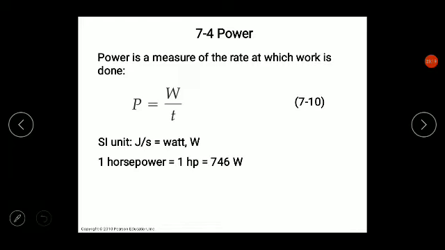It is your ability. Yes, you can do work, but how long are you going to do the work? If you do a particular work in a shorter period of time, then we can say that you are more powerful compared to those who do the same work in a longer period of time.